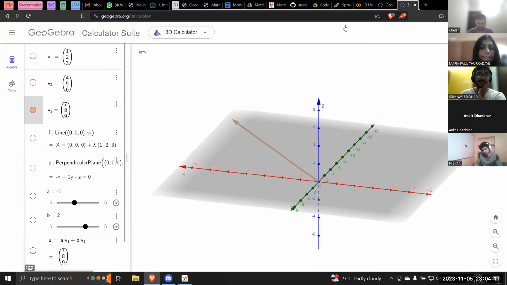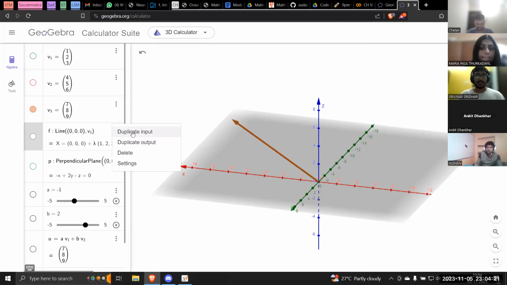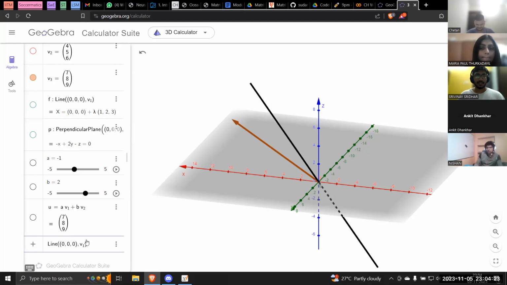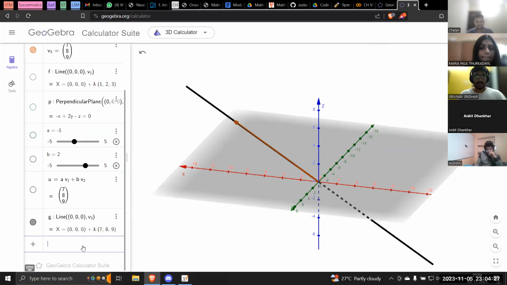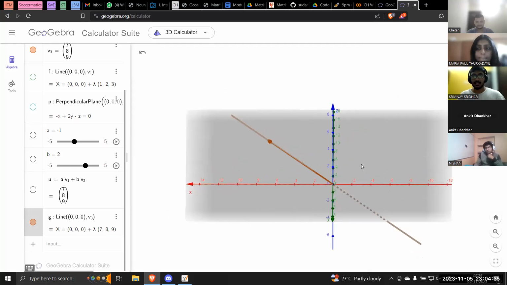So since this is my first suggestion, let me duplicate this. So this entire line was what I could go through, right? Similar to how I could go through in Maria's direction. Since I'm taking Nishant's suggestion first, I see that, okay, I can create this entire line, right?